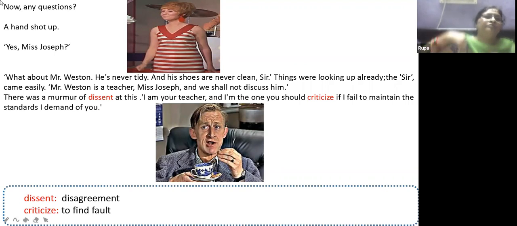"Now, there was a murmur of dissent at this." What is the reaction of the whole class when Mr. Braithwaite said that Mr. Weston is a teacher and we are not going to talk about him or discuss anything about him? Disagreement. Dissent means disagreement. They did not agree, because when Mr. Braithwaite said that they must give a lot of importance to cleanliness and all that, the children are very observing, no, they notice everything, how each teacher comes.